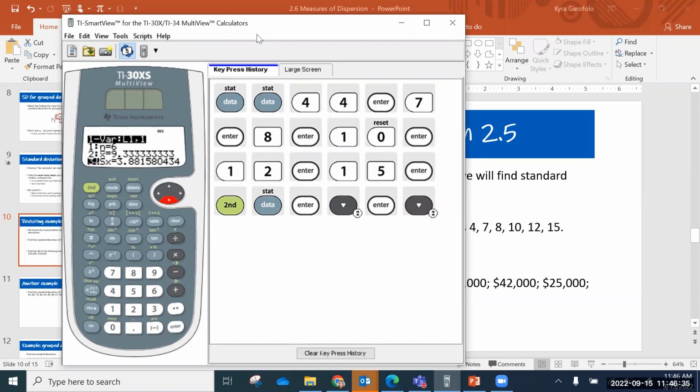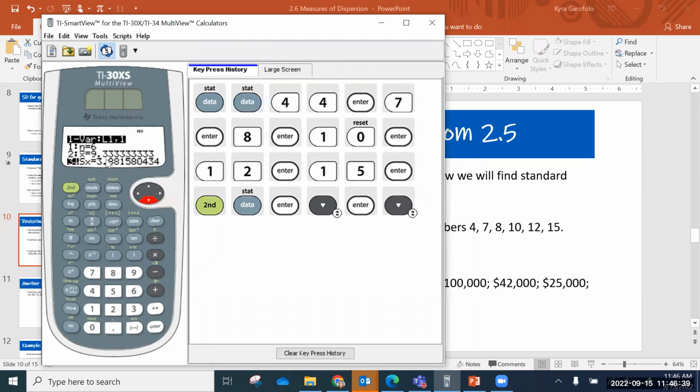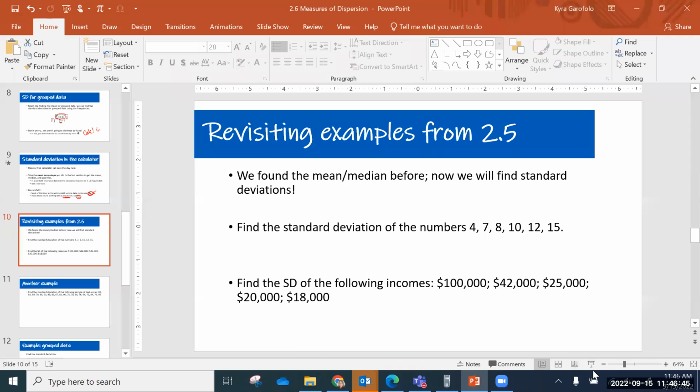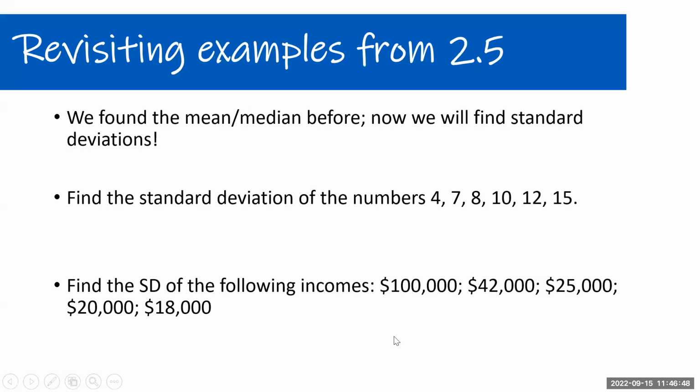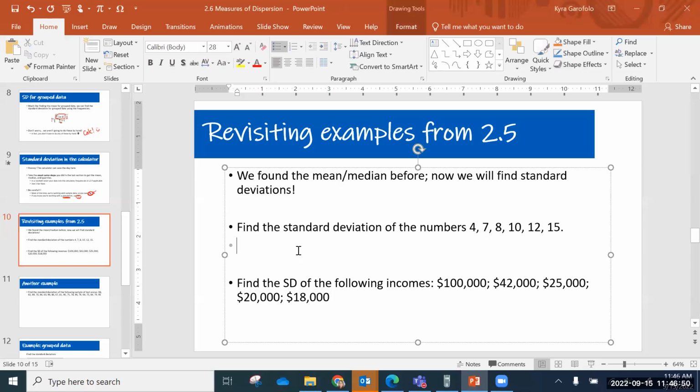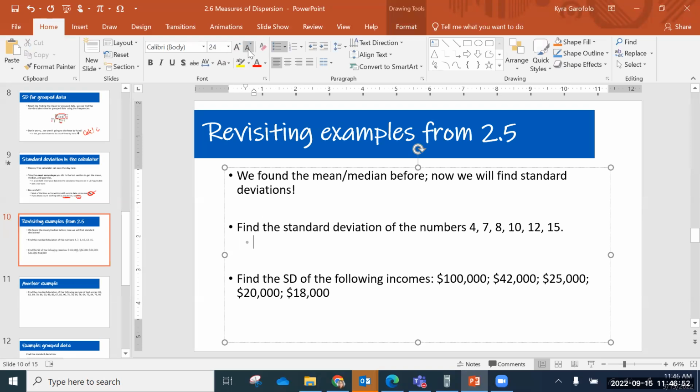We are going to assume that we are working with a sample here, okay? So assuming a sample, we see that our standard deviation is 3.88. In fact, I'm just going to type it here. So 3.88 is our answer there.